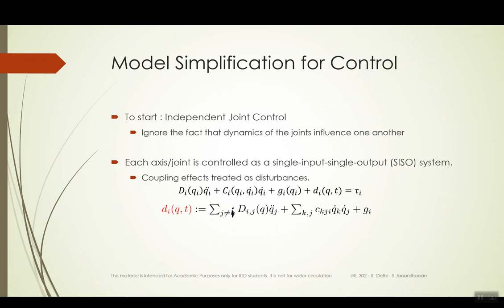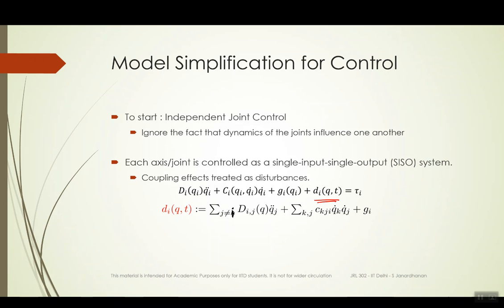Each axis or joint is controlled as a single input single output system, the input being the actuator signal and the output being the joint angle. All the couplings in the joint variables are going to be treated as disturbances.